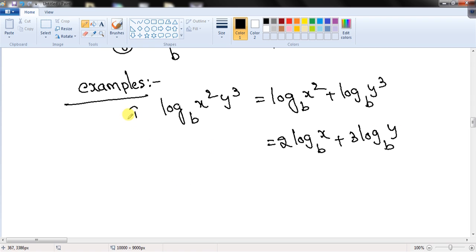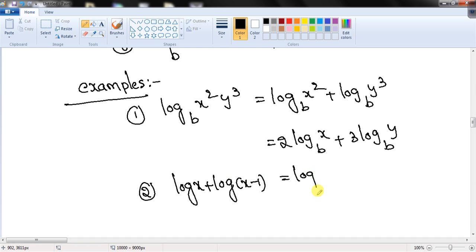The next question is log x plus log of x minus 1. Log of x plus log of x minus 1 can be written as log of x into x minus 1, which is log of x square minus x.